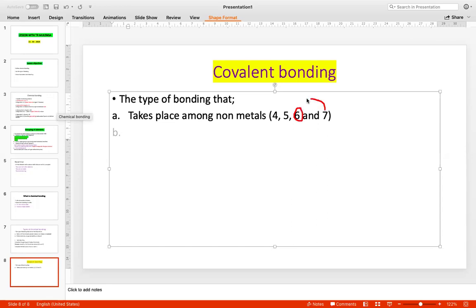Group 7 and group 7 are able to bond among themselves. However, here we are going to talk like matured people. We'll say as well as hydrogen. Hydrogen can take part in both ionic bonding and covalent bonding.